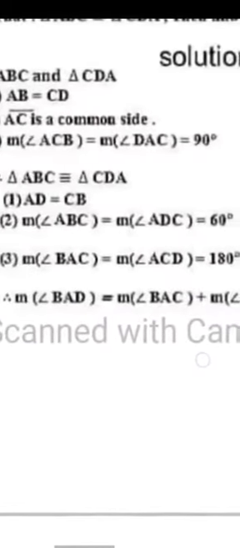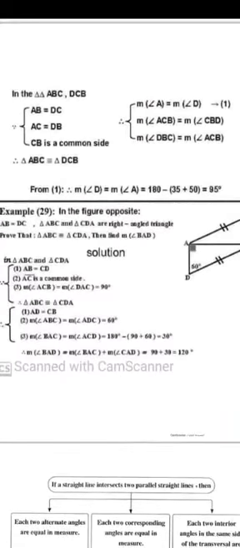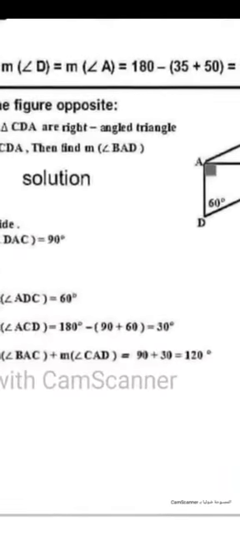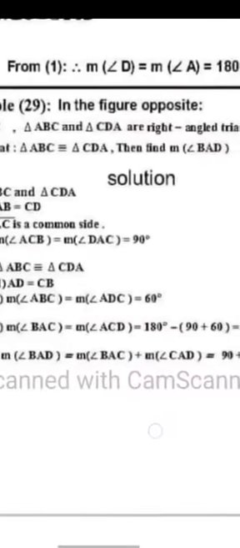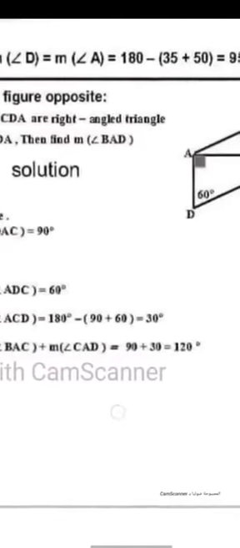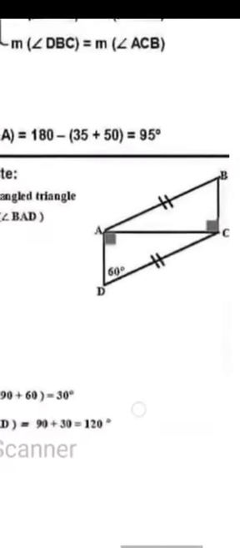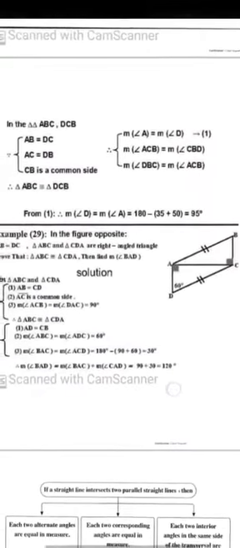Measure of angle BAC equals measure of angle ACD equals 180 minus (90 plus 60) equals 30. Measure of angle BAD equals measure of angle BAC plus measure of angle CAD equals 90 plus 30 equals 120. Okay, next.